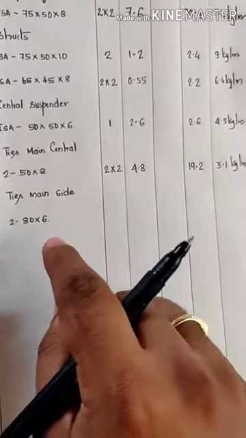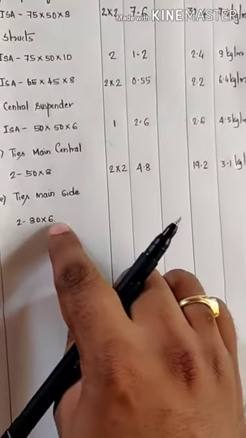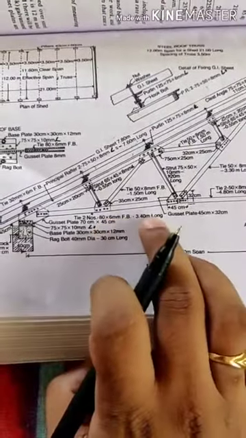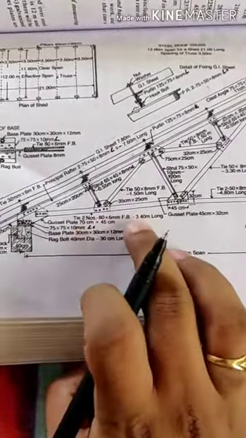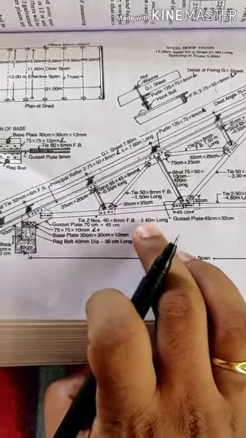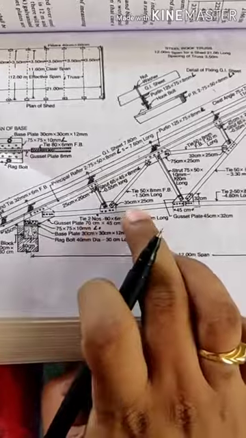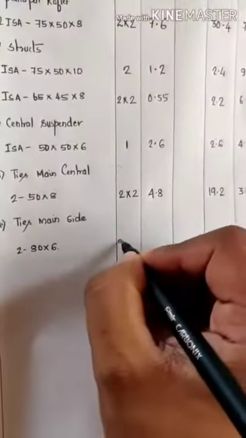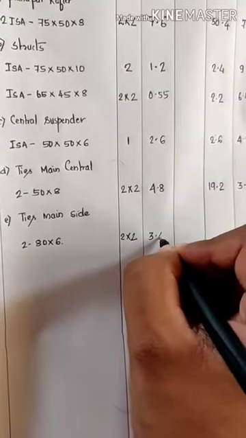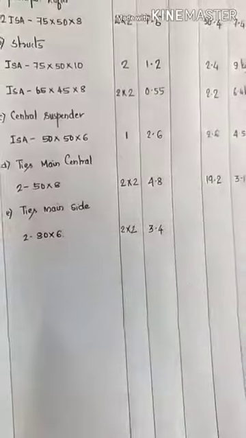Similarly, moving on to next, two numbers of 80 by 6. So where are those two numbers of 80 by 6? They are the sides. So they are how many? 3.4 meters. So there are also two here. So two on this side, two on the other side. Total 4, and length is 3.4 meter.